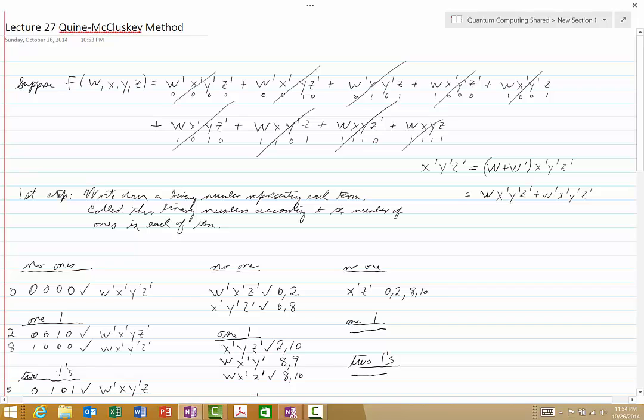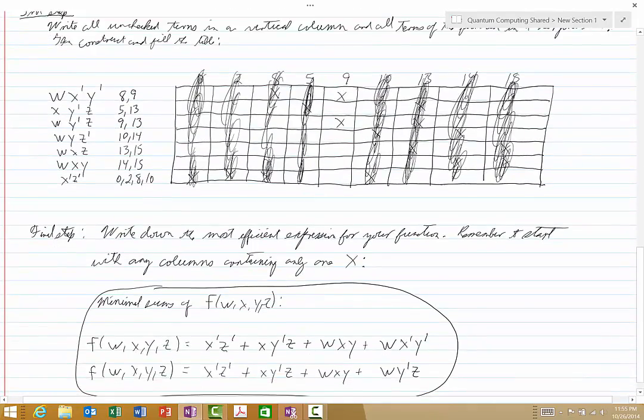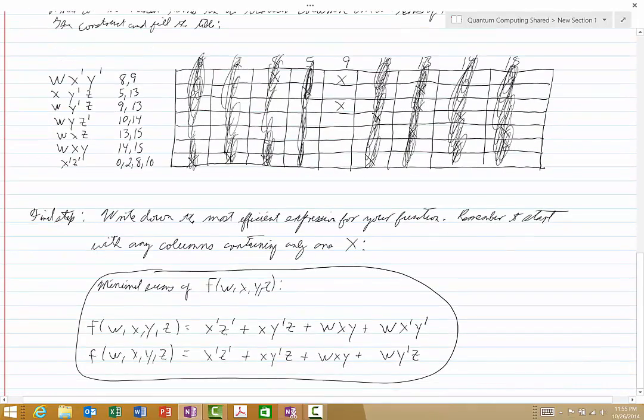So we originally had 36 literals in this function, 36, and now we've gotten it down to 11. And I stress you can choose either one of these representations you wish. And that's it. That is how the Quine-McCluskey method is used to write a function more efficiently.